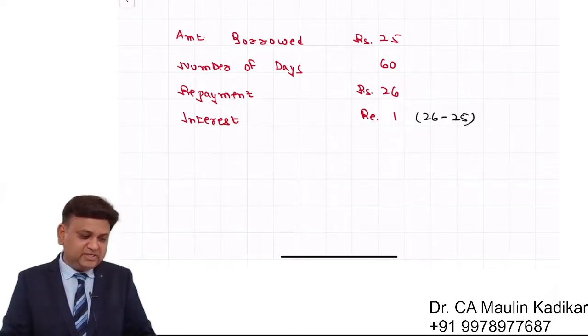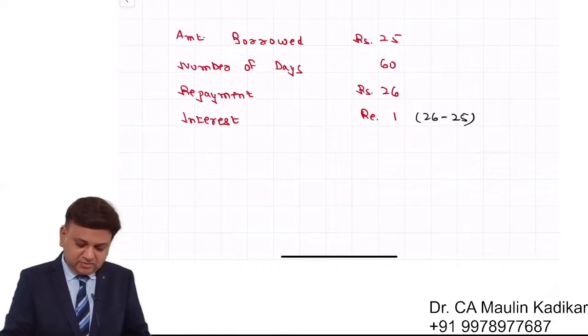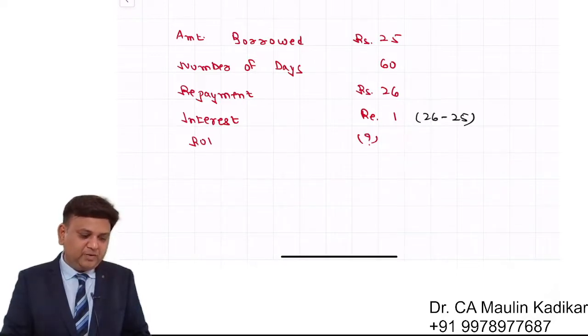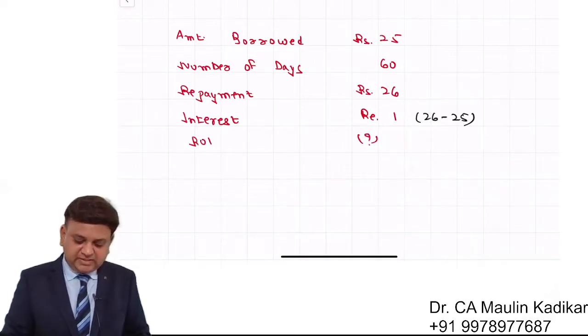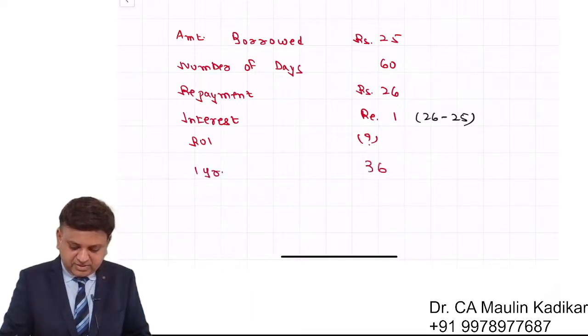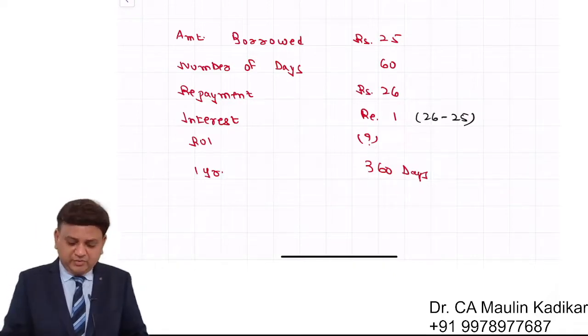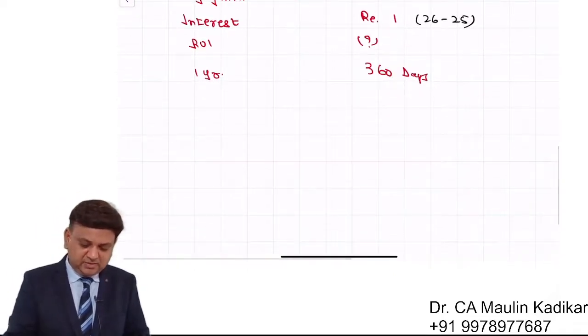The question says that to calculate the rate of interest, that is ROI, is required to be found for Mr. X for this borrowing. Consider 1 year is equal to 360 days. That is the question. So friends, we can say something like this.